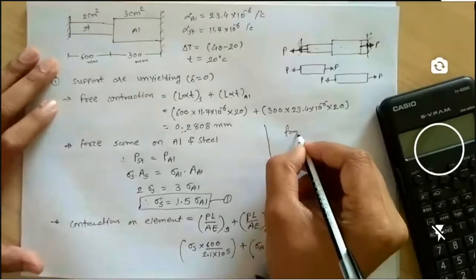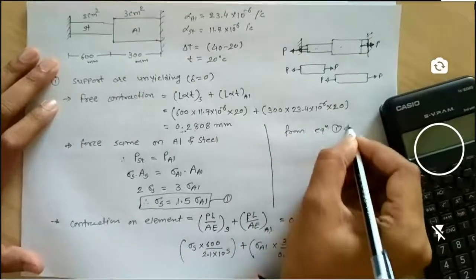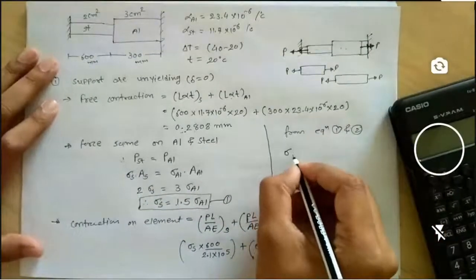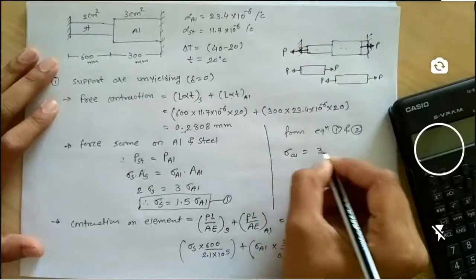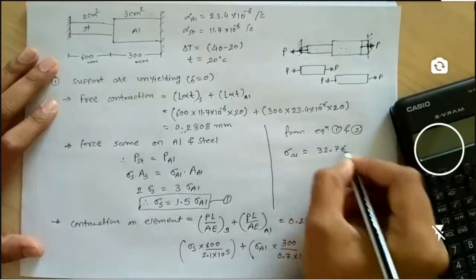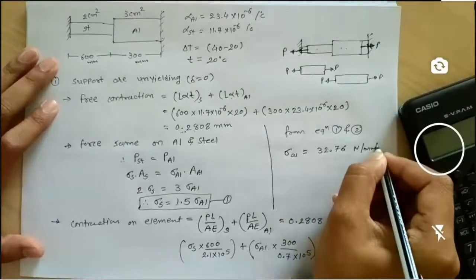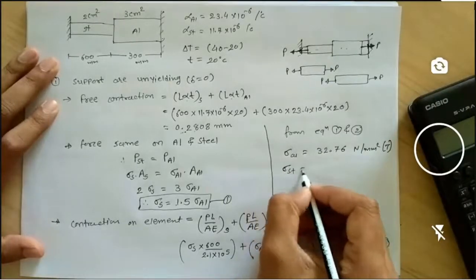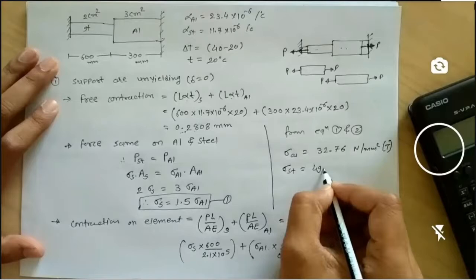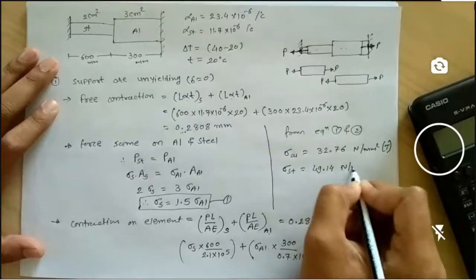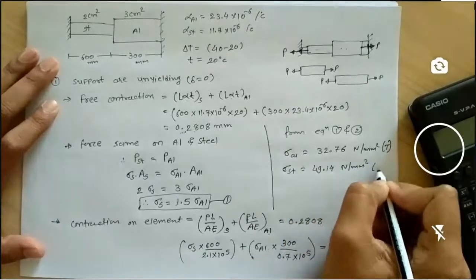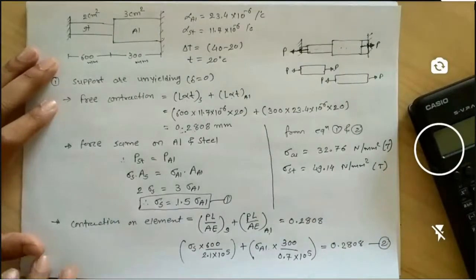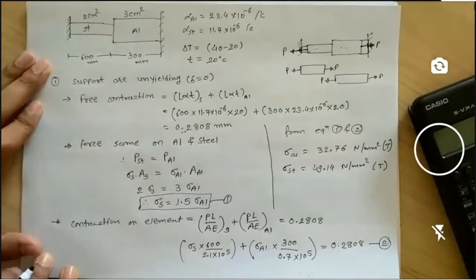So from equations number 1 and 2, we get stress in the aluminum section is 32.76 Newton per mm square, that is tensile, and stress in the steel section is 49.14 Newton per mm square, that is also tensile. Okay.